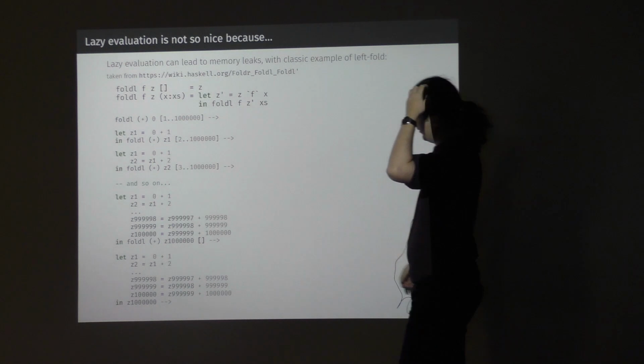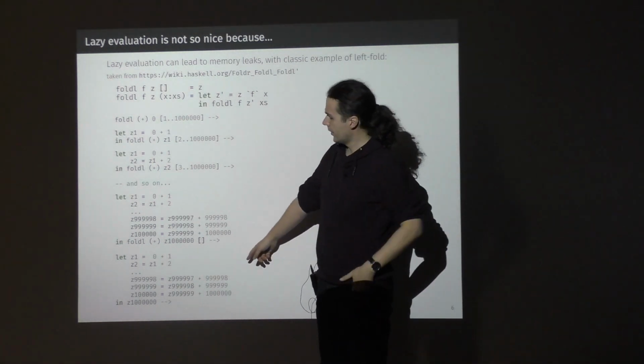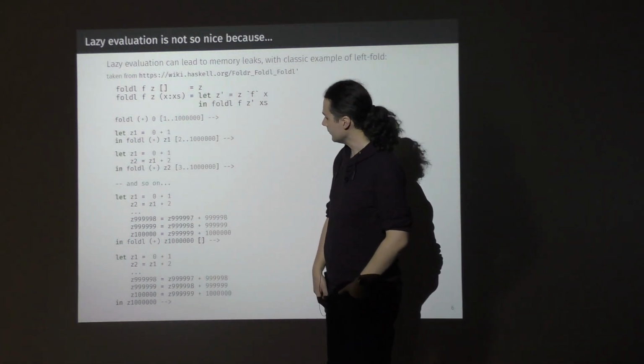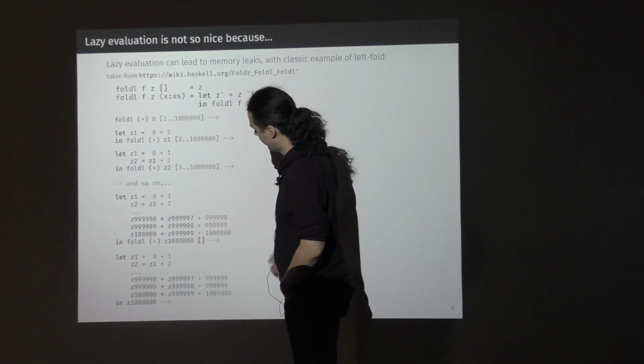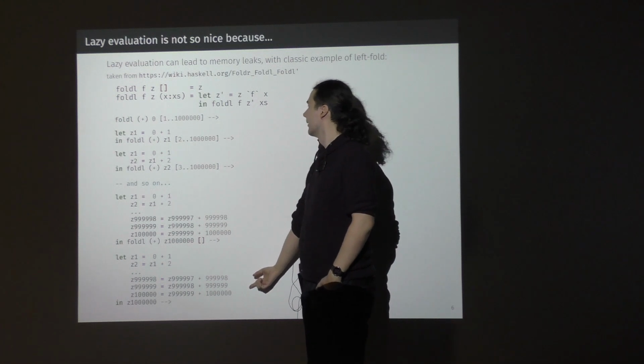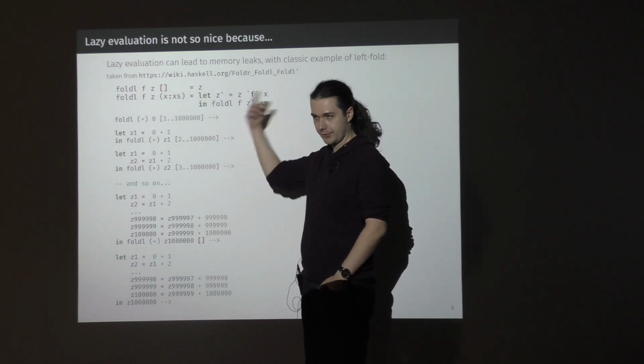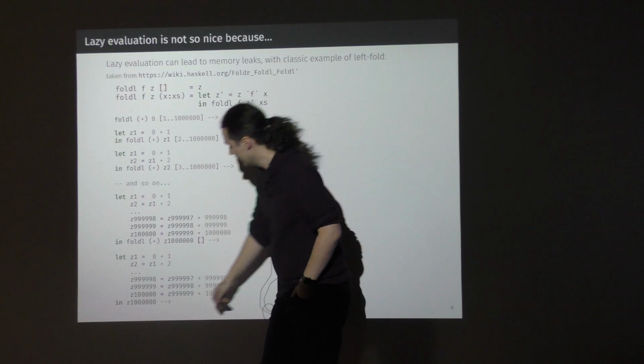By that time, usually we run out of memory. But if not, then we will have a very large list of thunks, those accumulators on each step, and the final value.